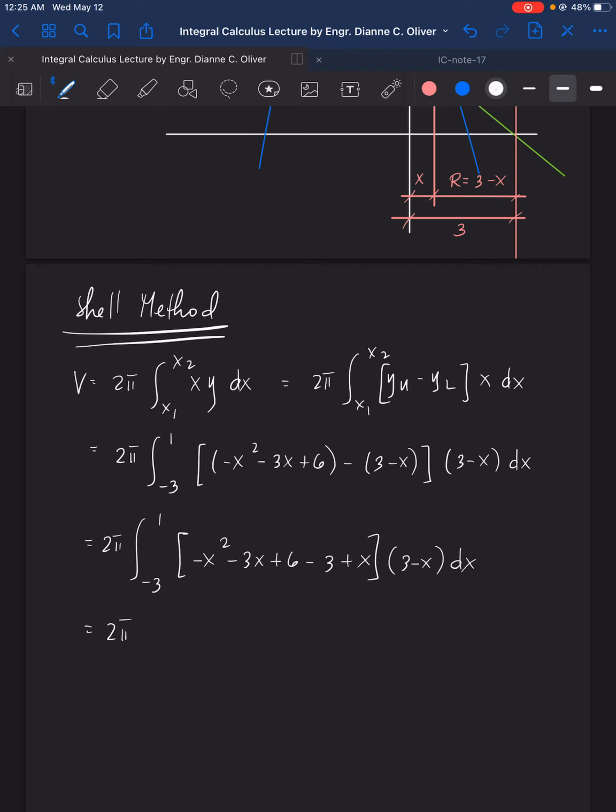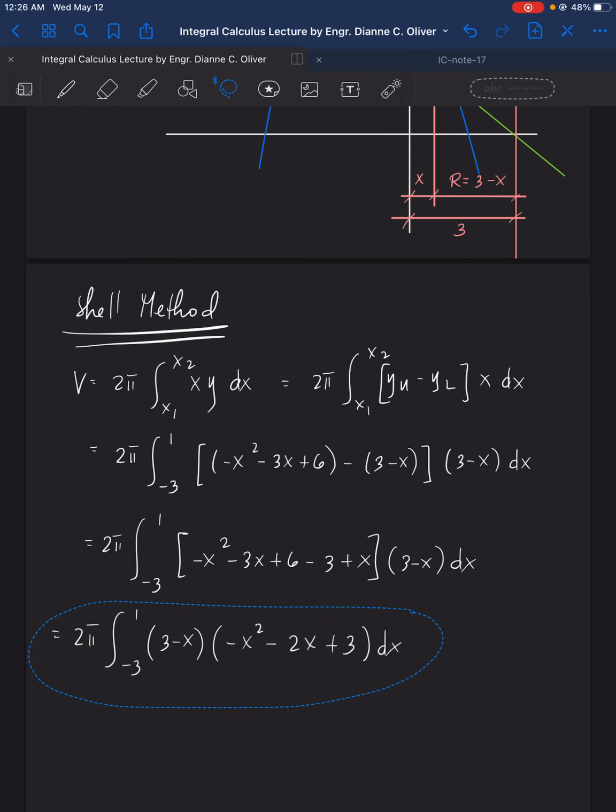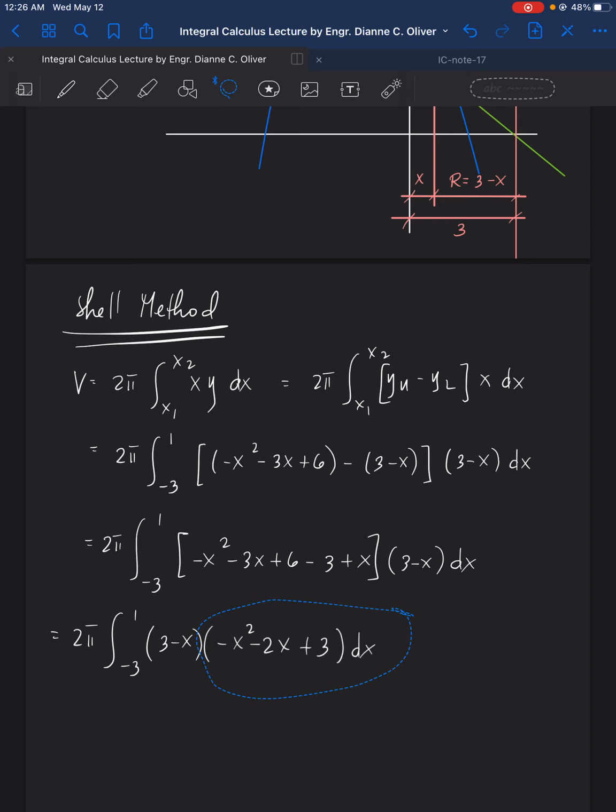This is 2 pi integral of negative x squared minus 2x plus 3, times 3 minus x, dx, from negative 3 to 1. And let me just put it here so that we can see what's going on with our calculator.